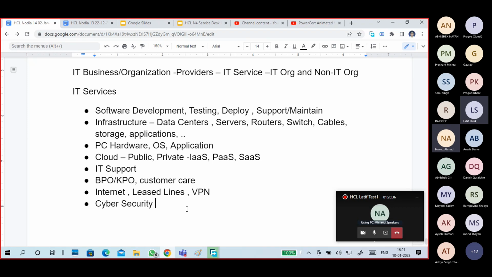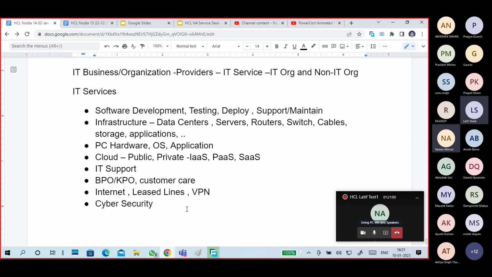They are providing. Microsoft is giving the Windows operating system. Some other organizations use retail software, GST calculations, discount price calculations, all using software only, right? Guys, so IT companies are used by IT organizations and non-IT organizations also.